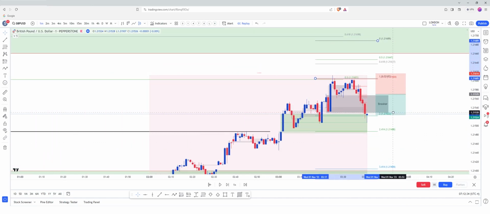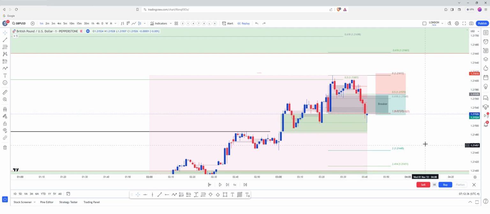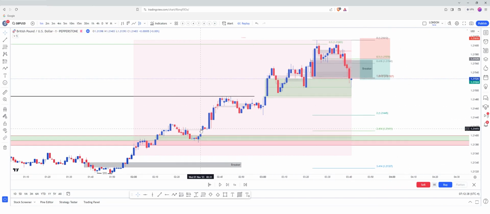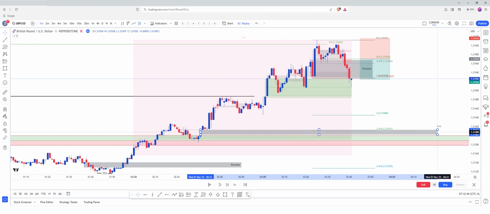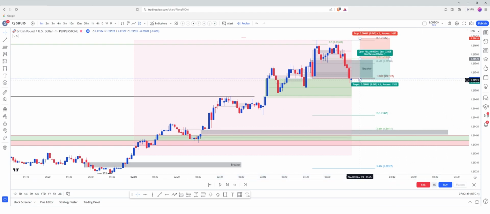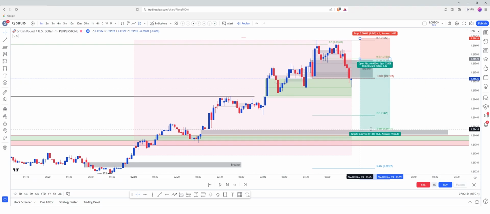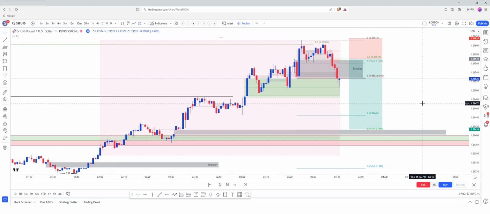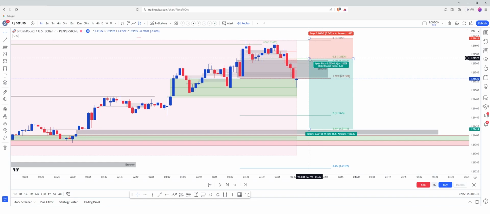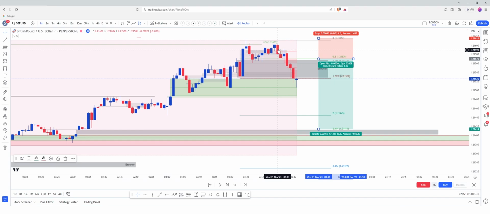And then what I'm targeting, when I saw this, is this volume imbalance that we left here above our inversion fair value gap. Expecting price to come down and tap that volume imbalance. So we're monitoring price action, we're seeing what we've got, and I'm hoping in here we've got a break, we've got an order block.